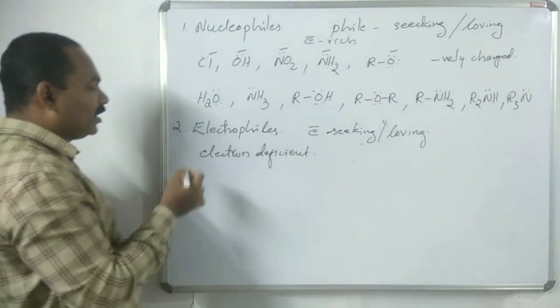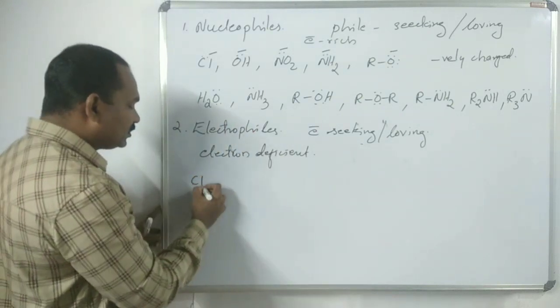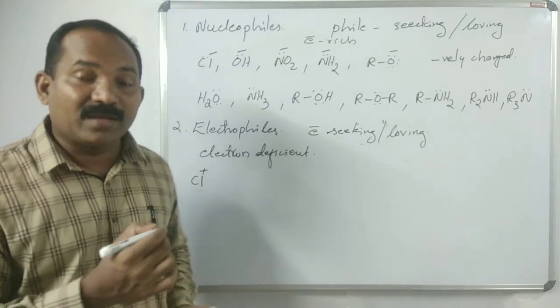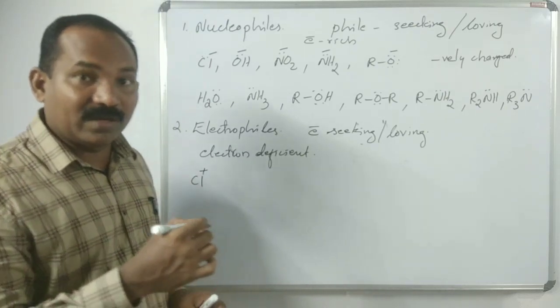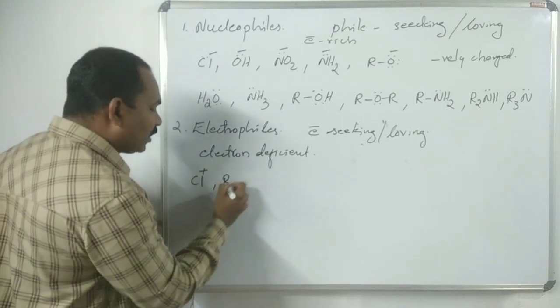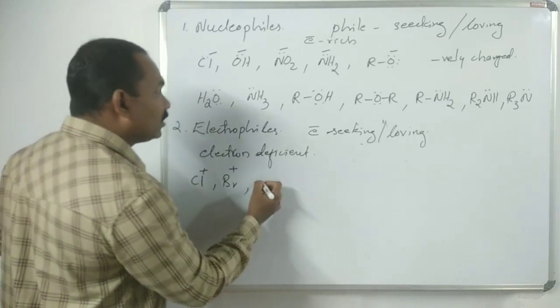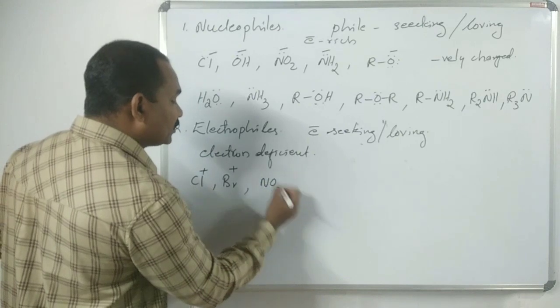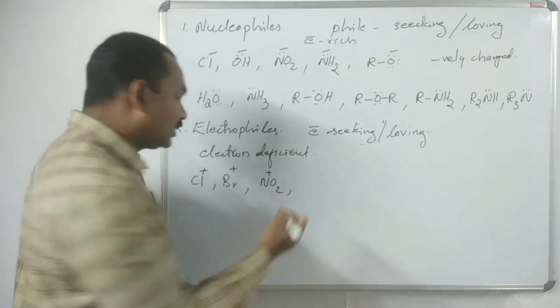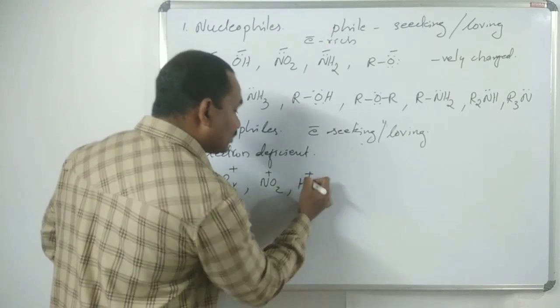And some electrophiles: Cl plus. Cl plus is formed by heterolytic fission. We will discuss it later. Then Br plus, NO2 plus, H plus.